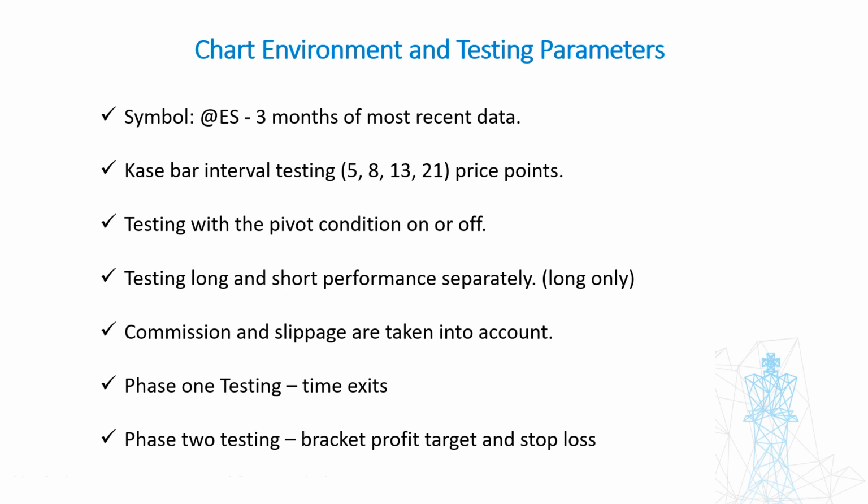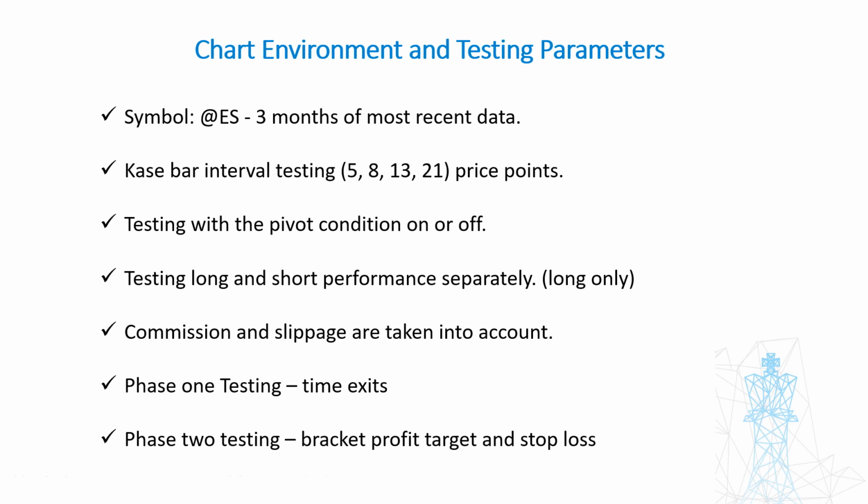When you first come up with an idea, very often the trick is to figure out what is the best environment for this strategy. And in this case, I know I want to use a case bar, but I want to know, first of all, what case bar interval would be the best, not the best necessarily, but would be appropriate for this strategy, for this symbol during this mode of the market right now in this current 3 months.